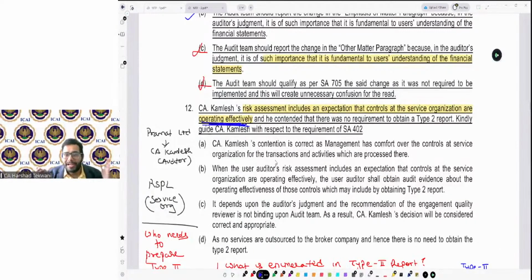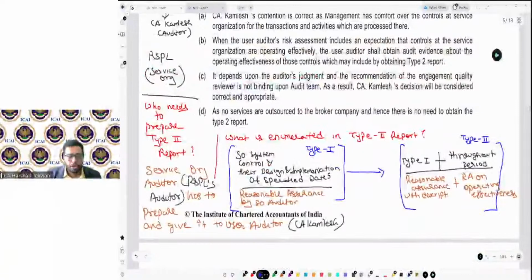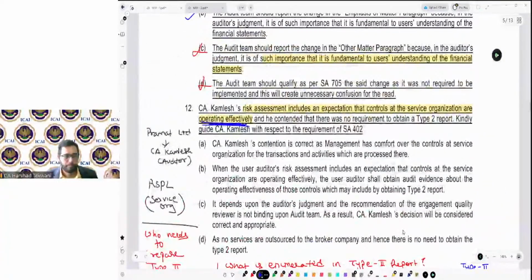This is not present in type 1 report. That's why I need type 2 report by default. So if I am relying upon the controls and in my risk assessment there is an expectation that the controls at the service organization are operating effectively, then I need to obtain a type 2 report, because operating effectively throughout the period is a part of type 2 report, not type 1. So I need to obtain a type 2 report in that case.